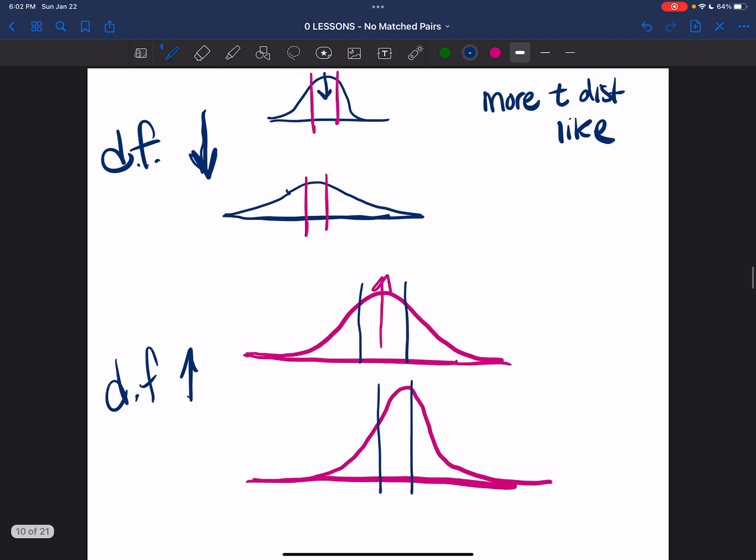But think about it. This time, you should have less area in the tails. So think about this picture. This picture is way better. So when the degrees of freedom went down, we got more area in the tails. Versus when the degrees of freedom go up, we should have less area.